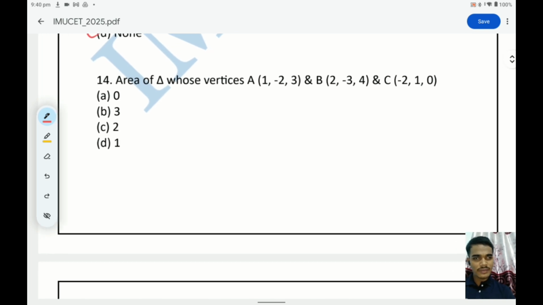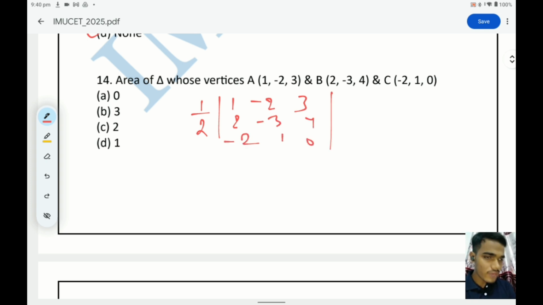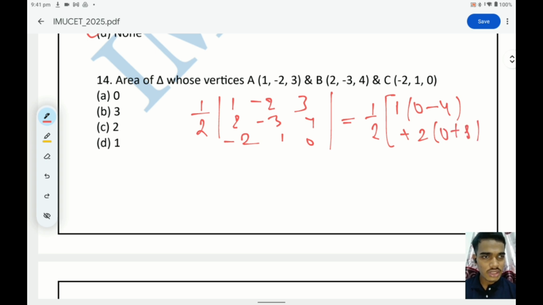This is about the area of a triangle, and we know the formula of the area of a triangle is 1 upon 2 times a determinant. If we find this determinant, with rows 1 minus 2 3, 2 minus 3 4, minus 2 1 0, we will get 1 upon 2 times, here 0 minus 4, and 0 plus 8, and 3 into 2 minus 6.